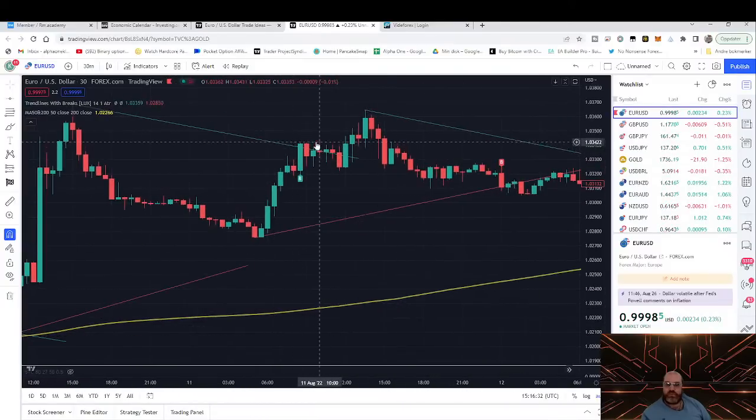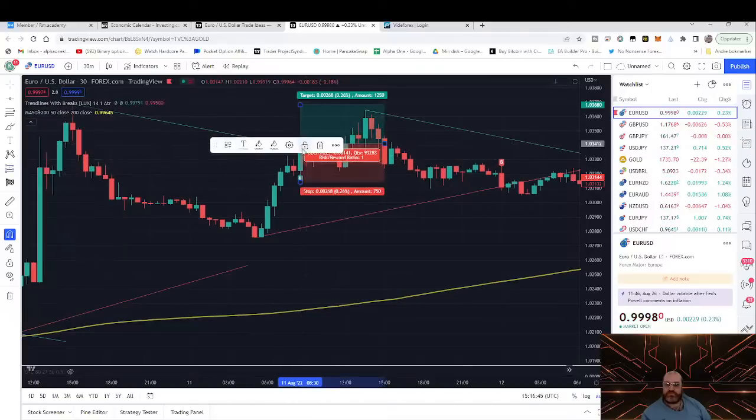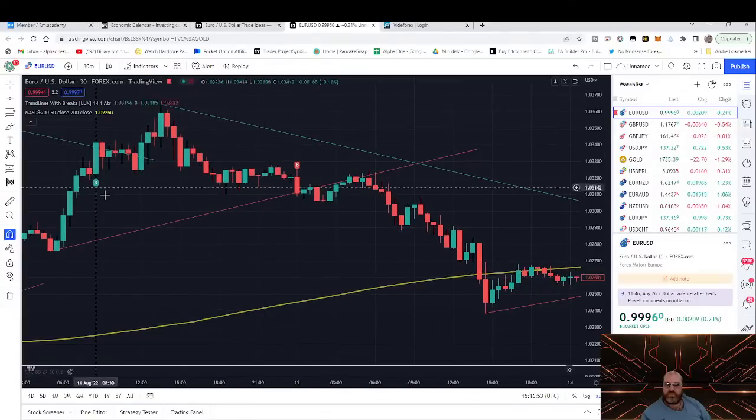This one would probably be a loser. I would not have taken the stop loss all the way down here. Here we'll take it below the B. You can see how that will turn out. Long position here. The stop loss is nice, but you can see that would be a losing position. So you can see, of course, you will get some losers also.